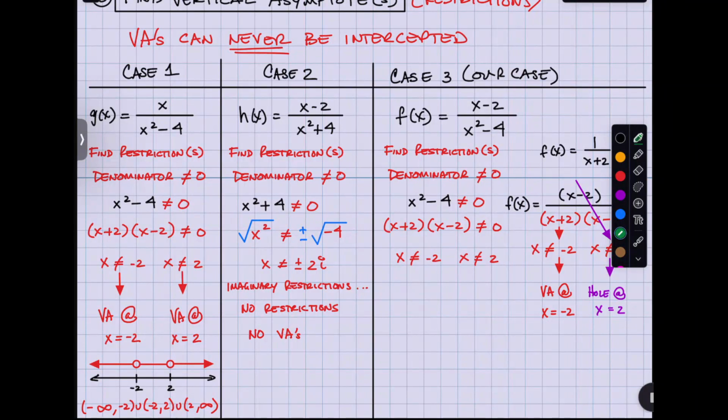The denominator can't equal 0, so you've noticed that every single one says find restrictions, the denominator can't equal 0. And because the denominator can't equal 0 and nothing cancels out, they're both going to be vertical asymptotes. If something did cancel out, then it's going to be a hole, right?